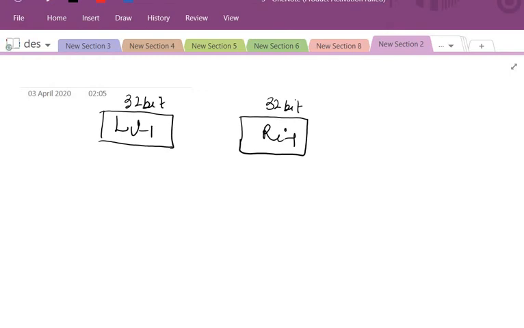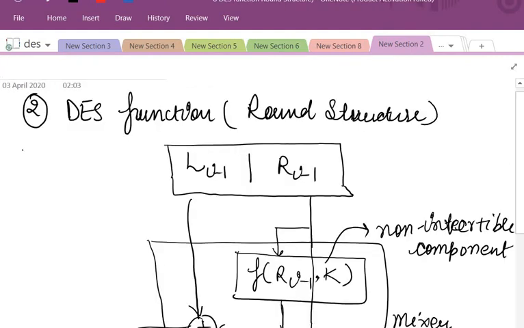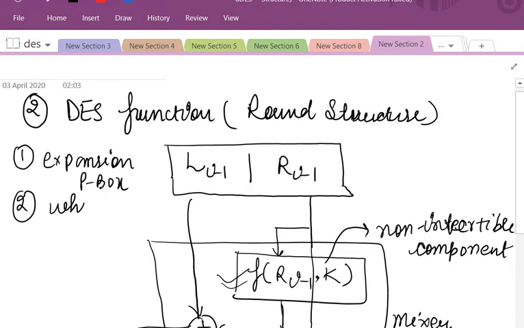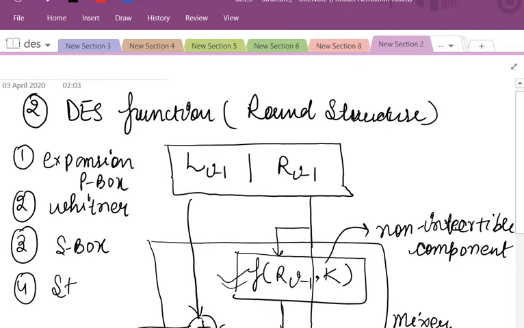So the first thing you have to remember inside the DES function is, this function contains the expansion p box, the second one is called the whitener, the third one is called the S box, and the fourth one is called the straight p box.